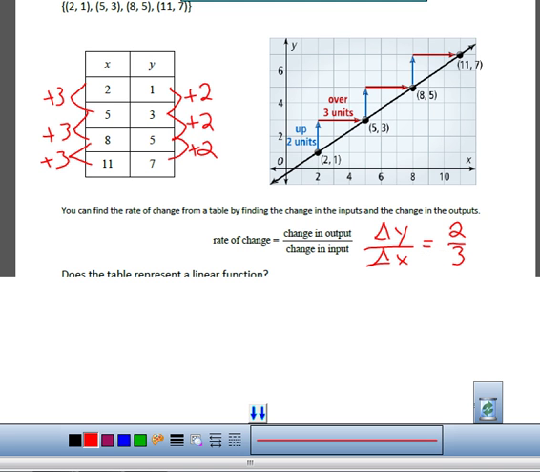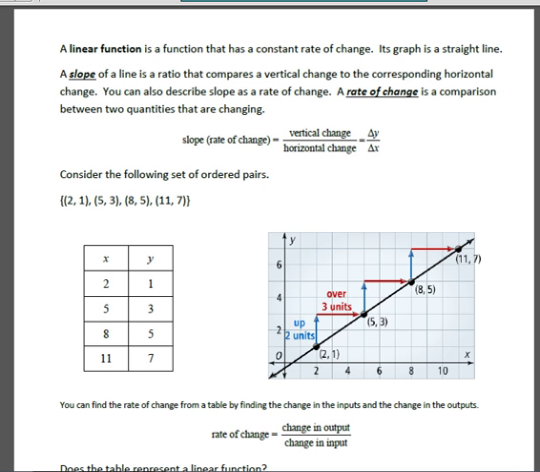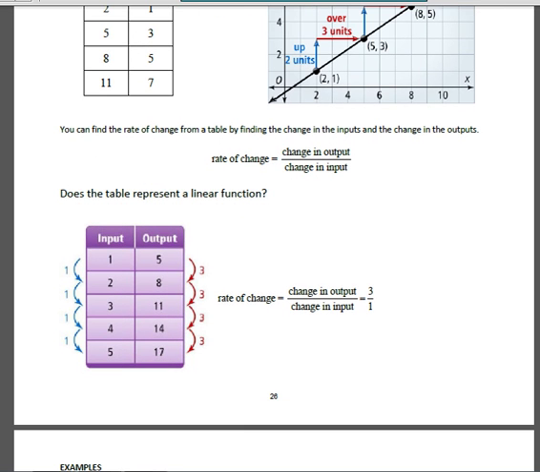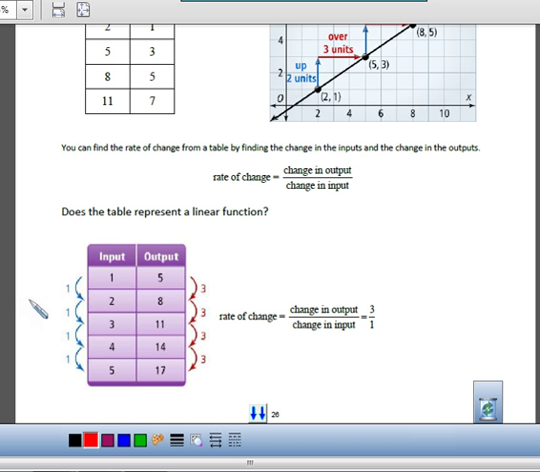Alright? So let's take a look at another example. Does the table represent a linear function? So we've got here an increase by 1 each time. And then we have an increase by 3 each time. So this is our y, this is our x.